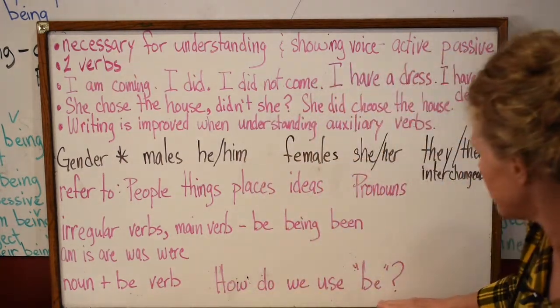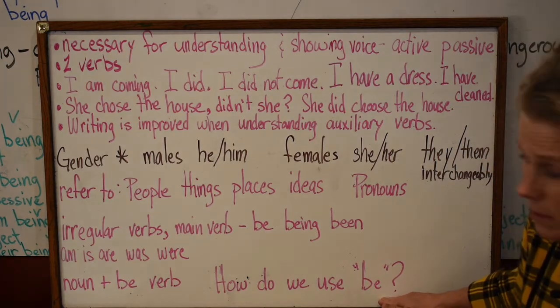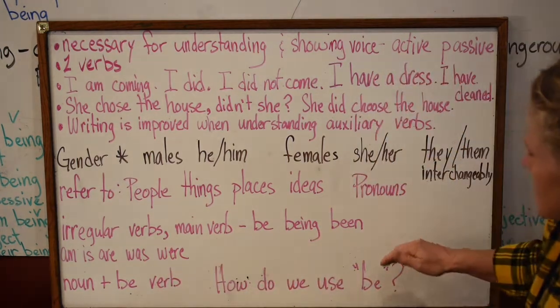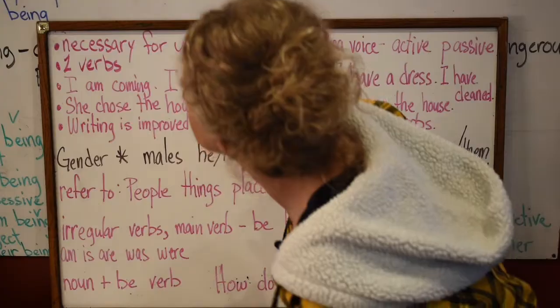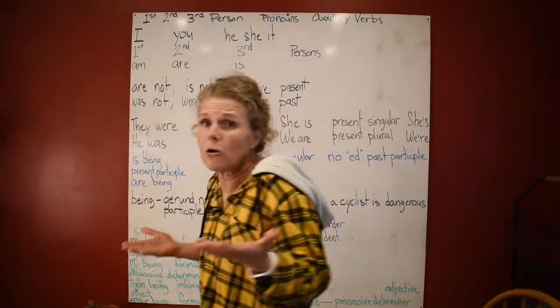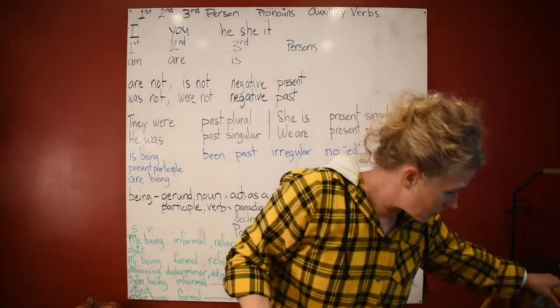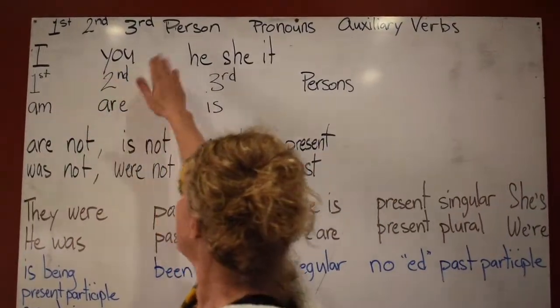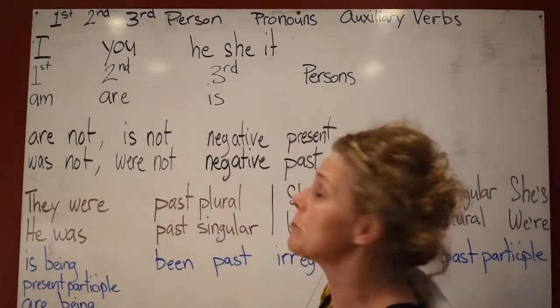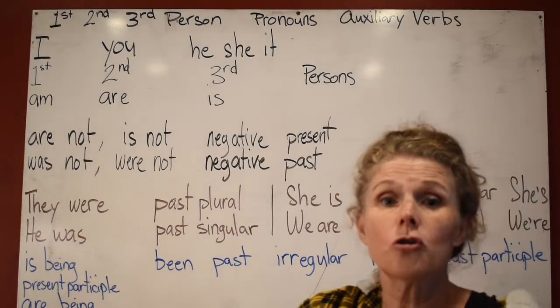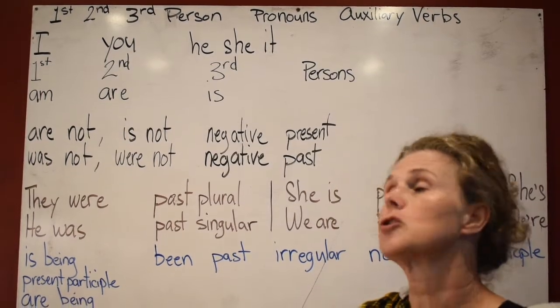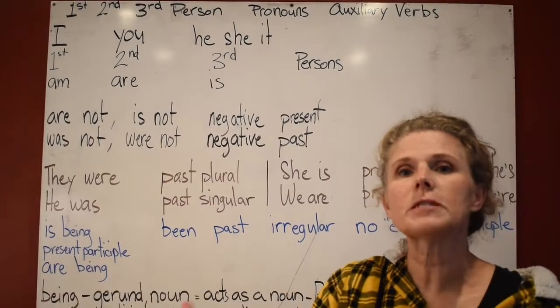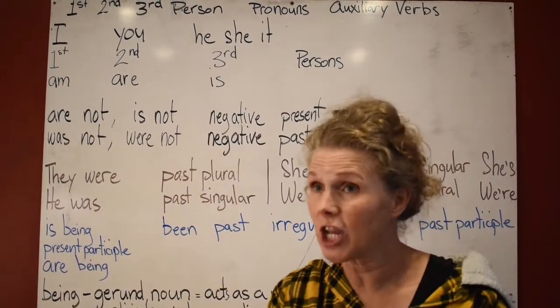So how do we use be? How do we use these? Let's talk about that. So how are we going to use our be verbs? Well, we are going to understand our first, second, and third persons. That's how you use your auxiliary verbs. The be verbs are irregular and they change.